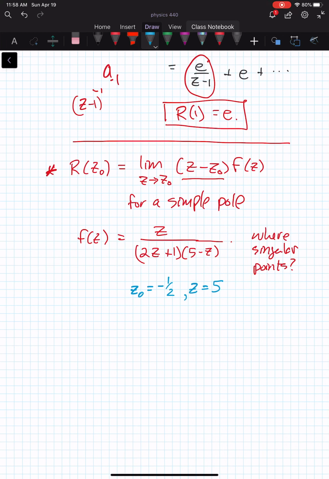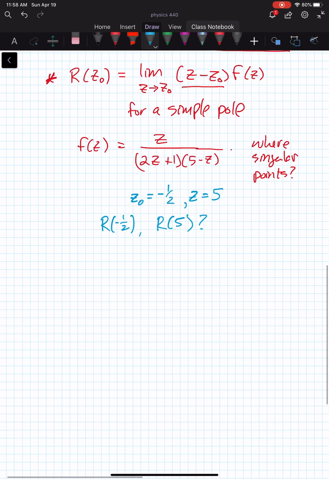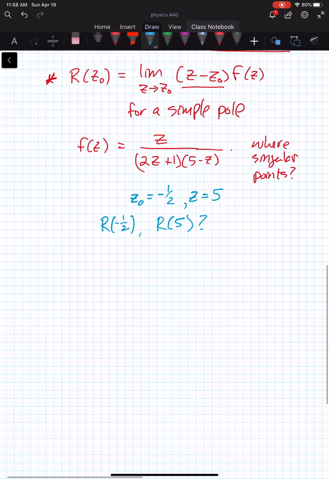So what we can ask then is, what's the residue at minus 1/2 and what's the residue at 5? I'll let you do the residue at 5, but let's see, I'll try the residue at minus 1/2.